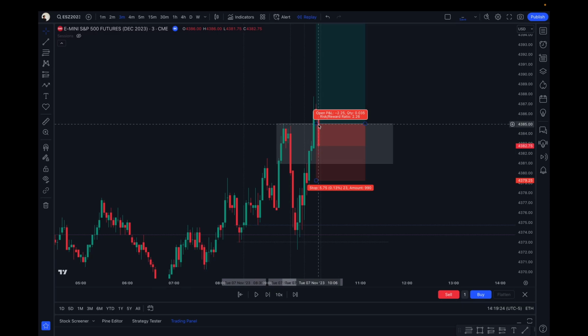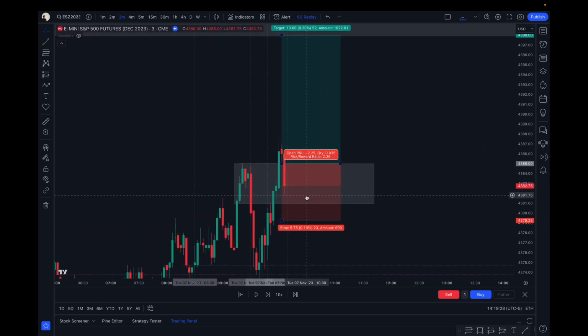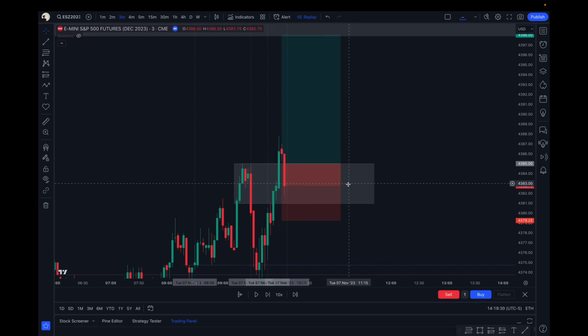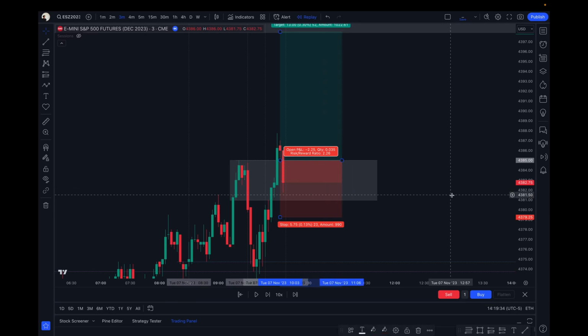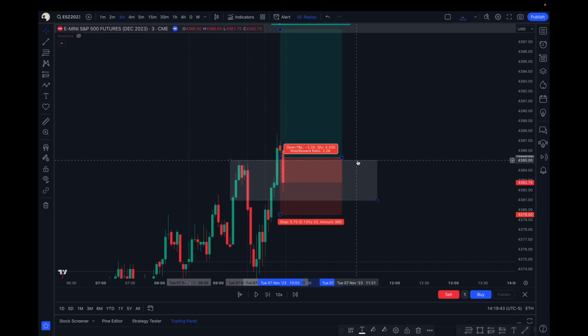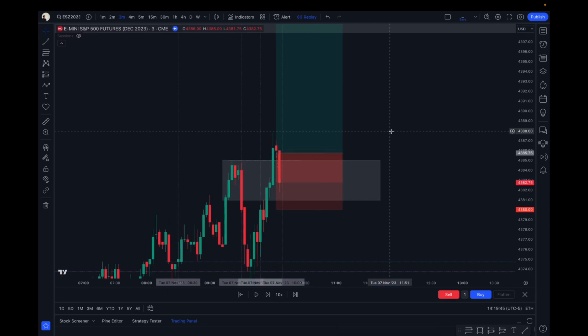The market retouches this candle at 10:06 and retraces violently into our drawdown. Because I want to simulate real-time market conditions, if you try to enter right here, because of the spread, commission, whatever, your real entry might be up here, so you'll be a little bit more in drawdown.